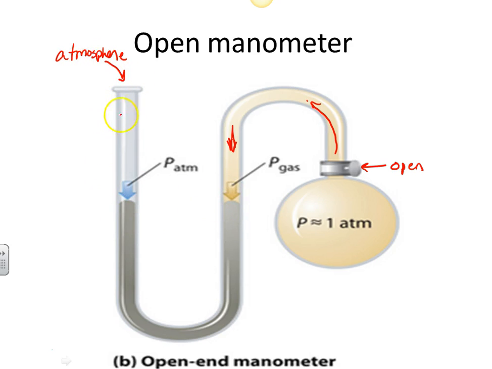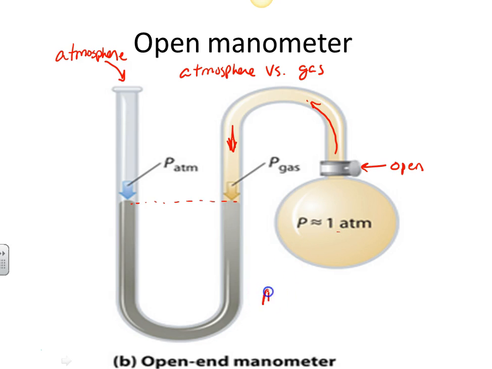If the atmosphere is applying a pressure over here, we basically have atmosphere versus the gas. In this case, we can see that the levels are equal, so we can assume that the atmospheric pressure and the gas pressure must be the same.